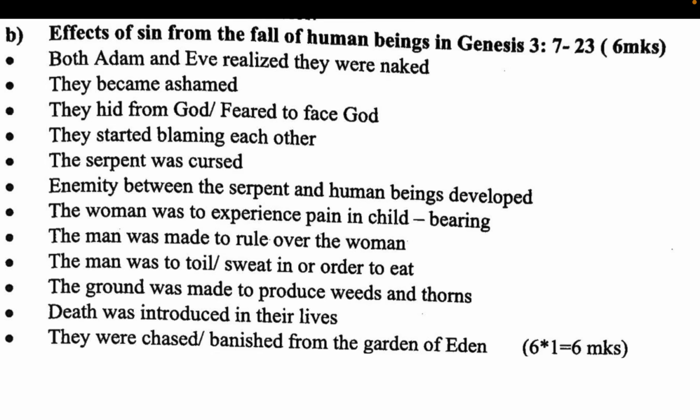And the man and his wife hid themselves from the presence of the Lord God among the trees of the garden. But the Lord God called to the man and said to him, Where are you?